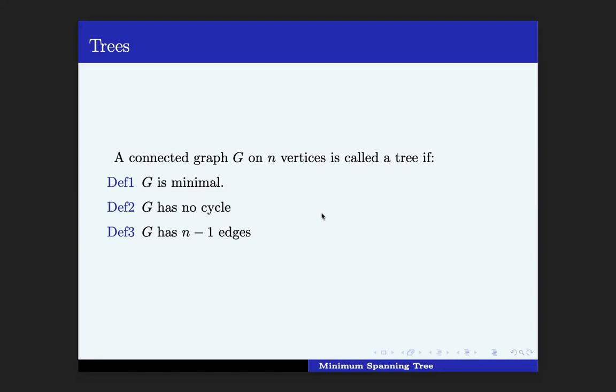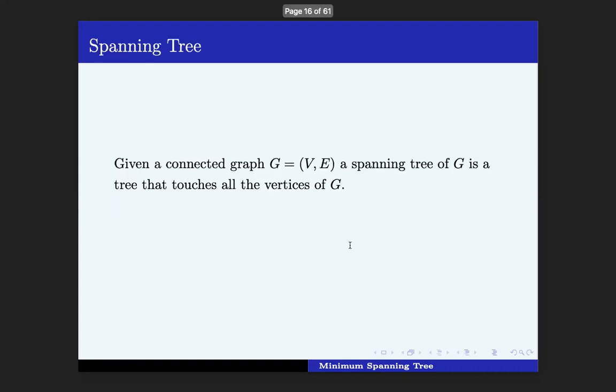I'm not saying they describe different objects; I'm just saying these are the properties of a tree. A spanning tree: I give you a connected graph G, and a spanning tree is a tree that touches all the vertices.